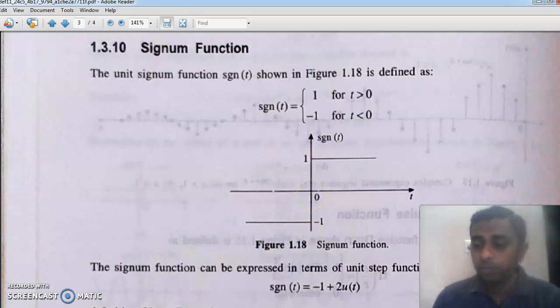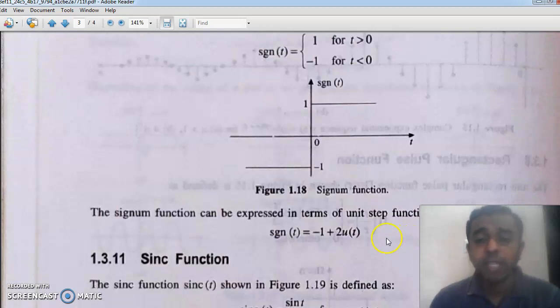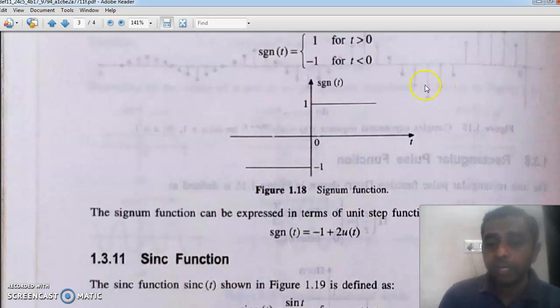Now, can I write the signum function as minus 1 plus 2 u of t? So what is 2 u of t? That is u of t multiplied by 2, which means the magnitude will be 2, continuing till plus infinity. U of t is all ones from 0, for t greater than or equal to 0.